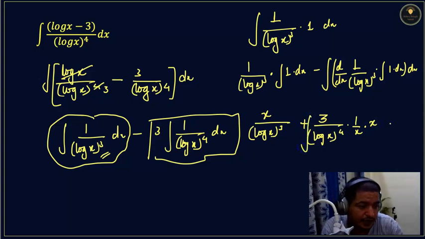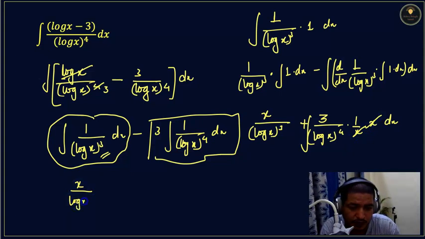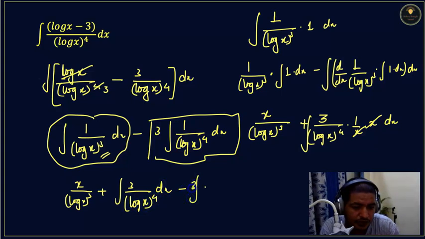And here you will write the integration, dx. Everything will get cancelled. You will get 1 by (log x) to the whole cube plus 3 by (log x) to the power 4, dx, minus 3 by (log x) to the power 4, dx.